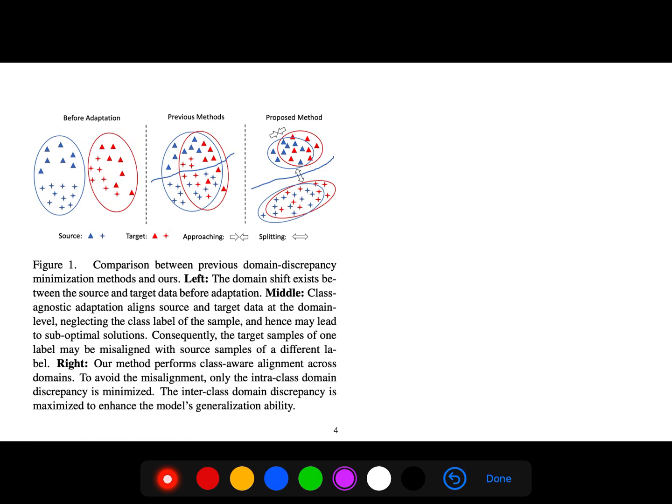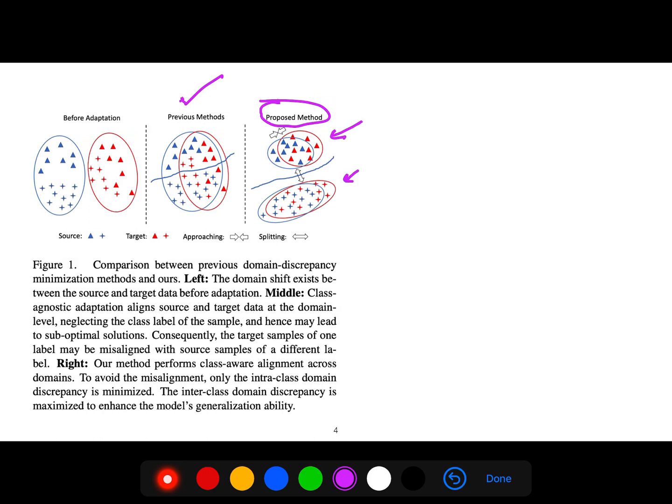The left one is the domain shift that exists between source and target before adaptation. The middle one, class agnostic adaptation, aligns source and target at the domain level, neglecting the class label of the sample. So here we don't care about the class, we just want to reduce this gap. But the proposed method not only reduces this gap, which becomes this one, but also, as you see, the classes that belong to particular things are separated.